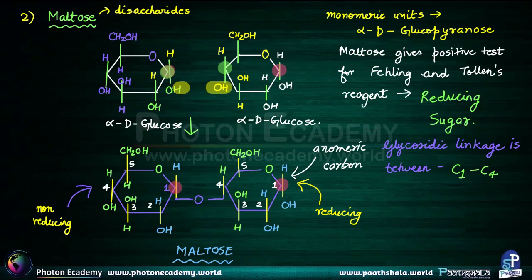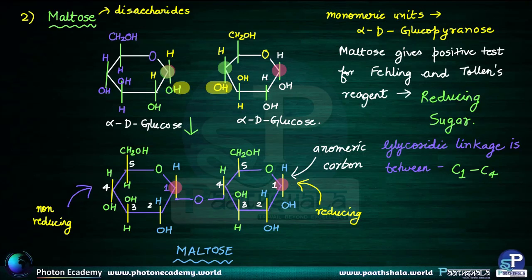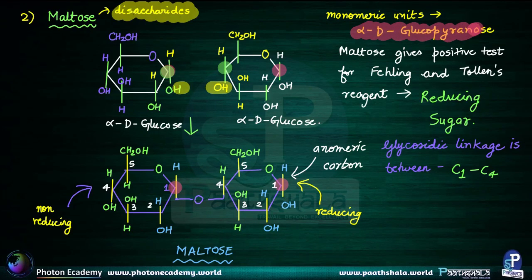So it is a reducing sugar. Now, we have covered all the few things that we wanted to see about maltose. So what were the main highlights? Firstly, it is a disaccharide, then it is made up of two units of alpha D glucopyranose. It is a reducing sugar. Also, the glycosidic linkage is between C1 and C4.